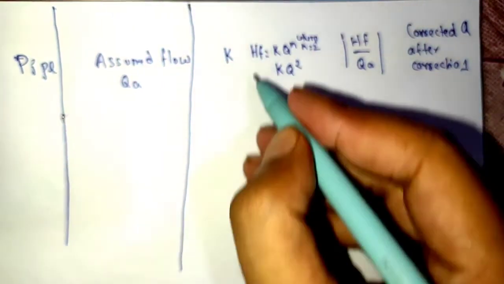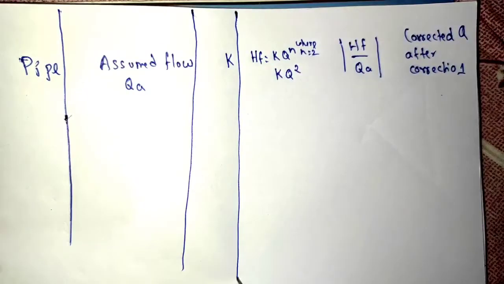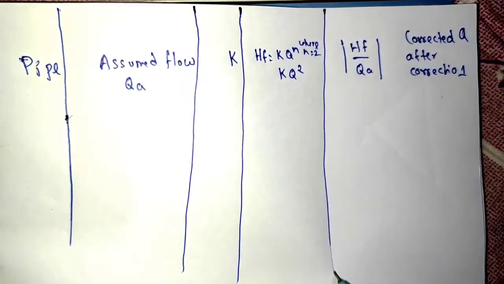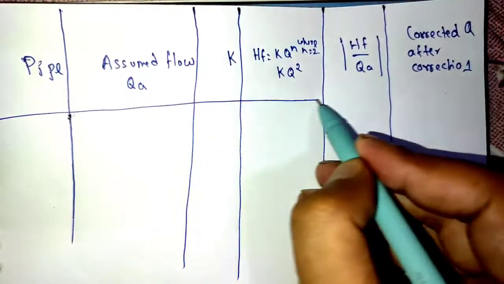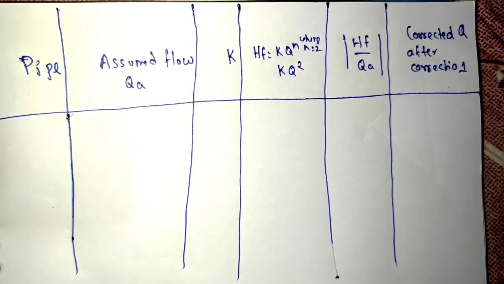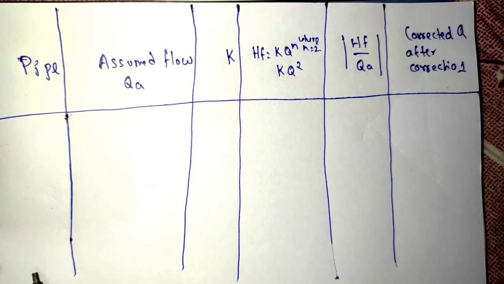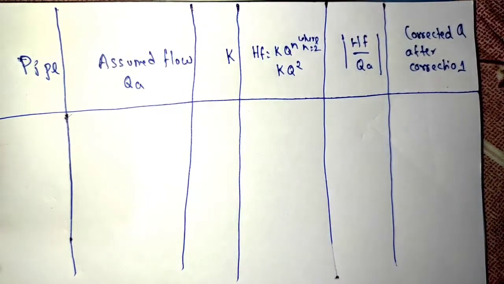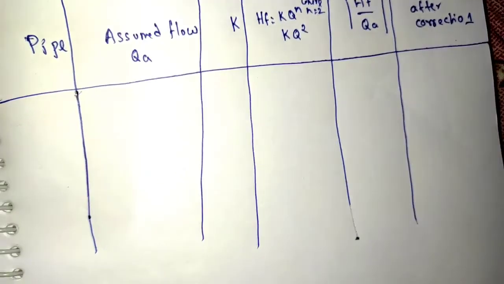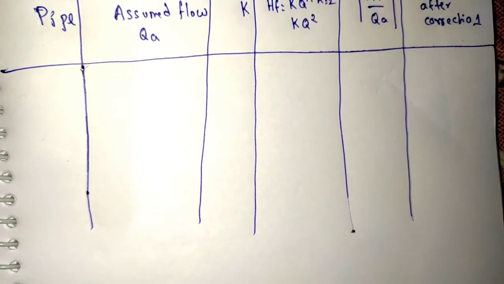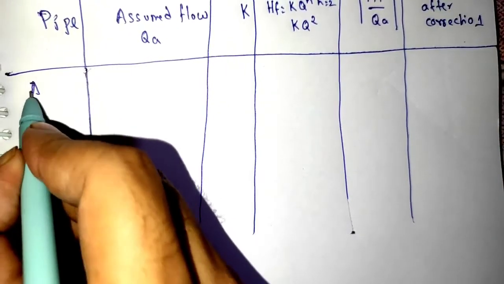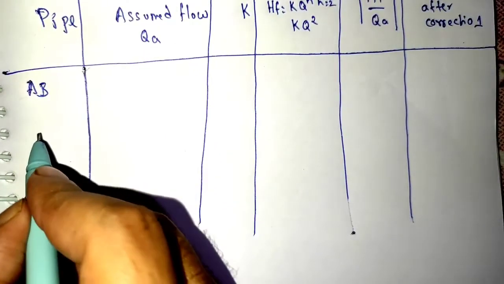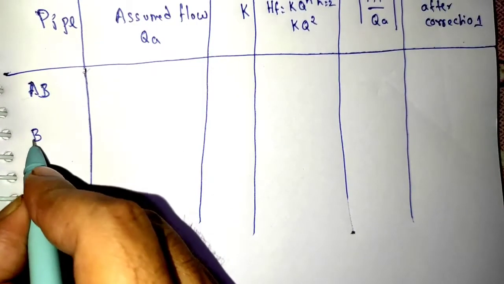I should have drawn this a little smaller. Nevertheless, we have made a table, right? And in this table, considering the first loop, that is ABDA, you can see it in your copy. The first loop was ABDA. In that loop, the first line was AB, the second line was BD.